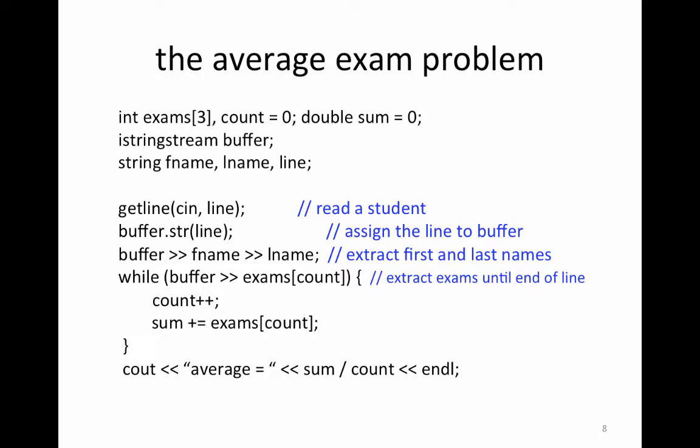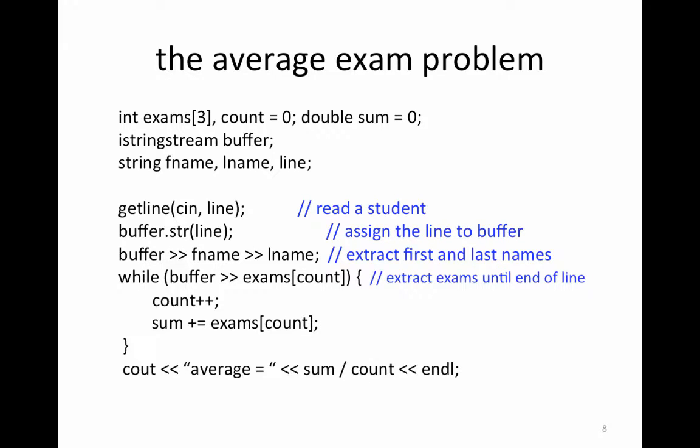And when I reach the end of the line, then the read operator fails and returns false, and I exit my loop. So this handles either the case where I have 2 exams or the case where I have 3 exams. Okay, and then the final statement is to average them together.